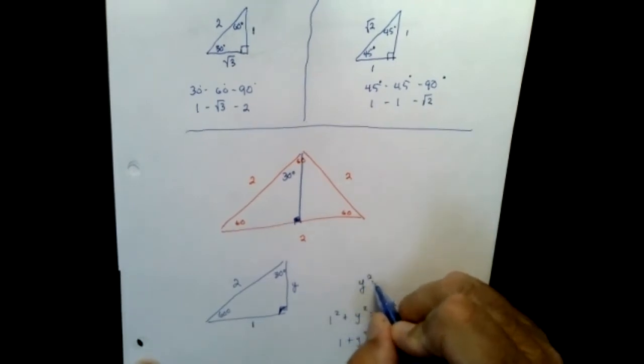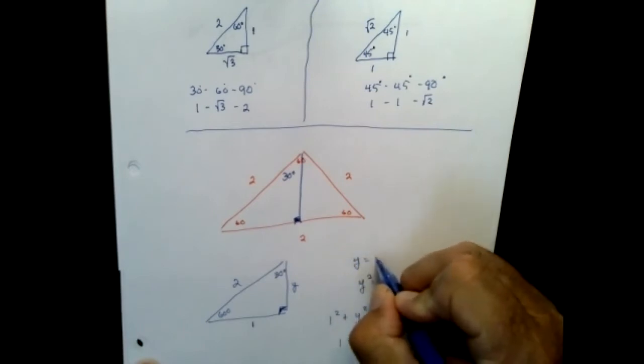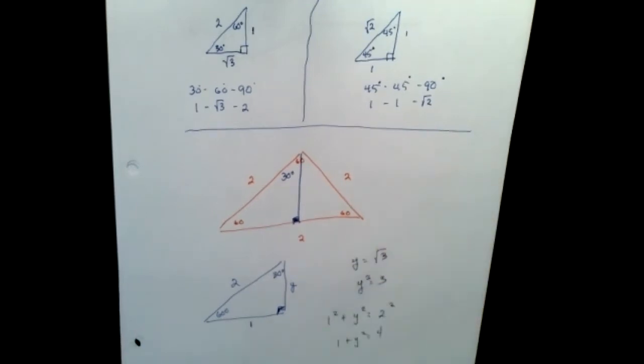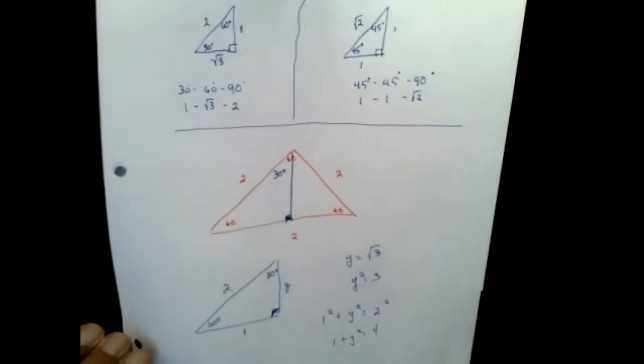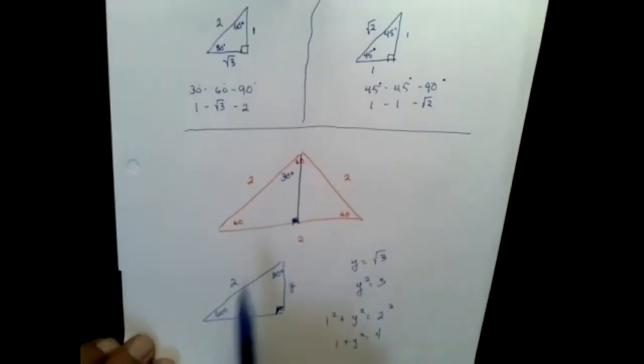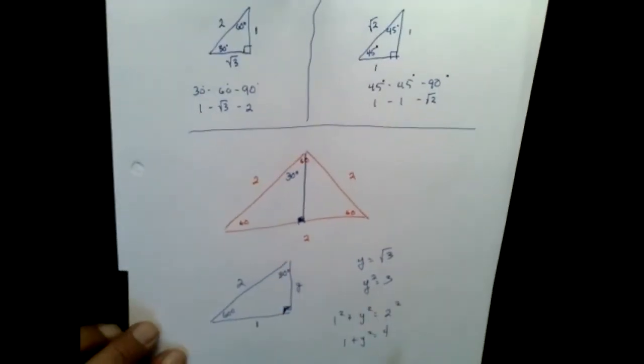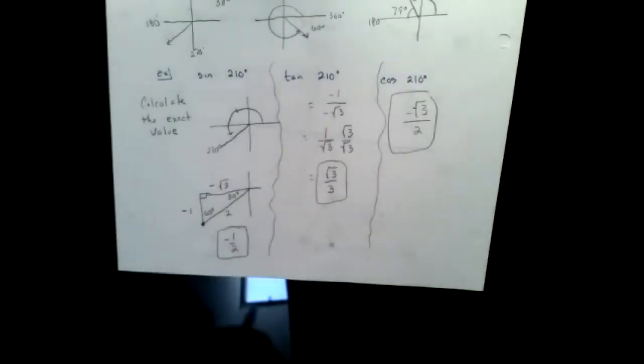Y squared equals 3. Y equals the square root of 3. How did 3 come up? Okay, 1 to the other side. All right, I get you. Cool beans.